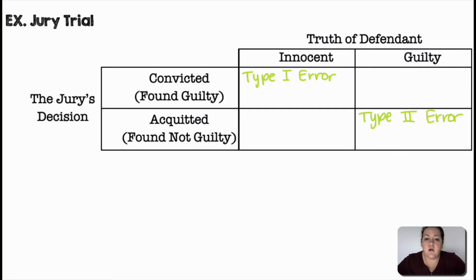So if they are convicted, but really they were innocent, then that would be a type 1 error. If they were acquitted, but really they were guilty, that would be a type 2 error. Alrighty. And it's no error if they were convicted and they were guilty, that is the power. And if they were acquitted but they were innocent, that is also not an error.